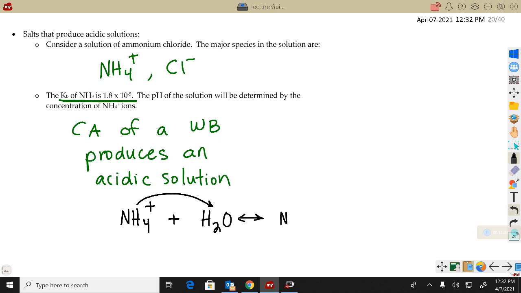So I'd be left with the NH3, which I get it's a weak base. The Kb is given and it's small. So I can see it's a weak base, but more concerning is the other product. I'm going to form that H3O+, and that is the sign of an acidic solution.